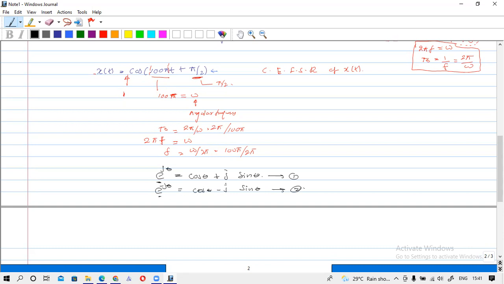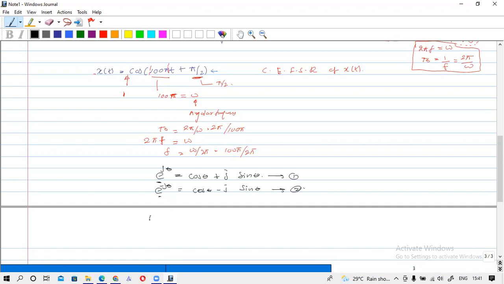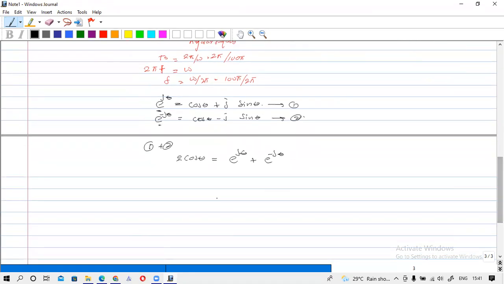If you add these 1 and 2, you will have 2 cos theta. So cos theta plus cos theta, that is 2 cos theta, is equal to e to the j theta plus e to the minus j theta. So you have 2 cos theta equal to e to the j theta plus e to the minus j theta.